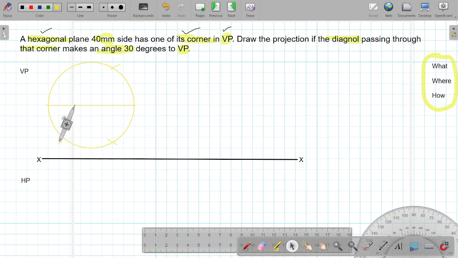Similarly, we have to keep the compass at this particular end and mark an arc at the bottom and at the top. Once these markings are done, we have to join these points by a dark line.